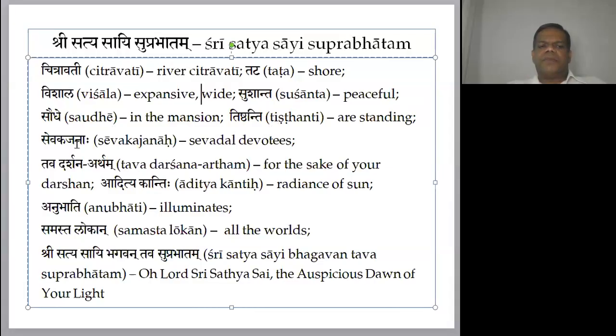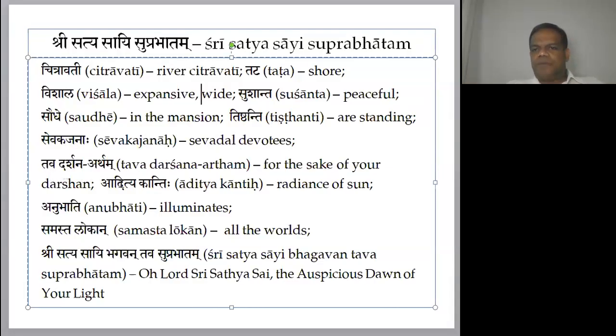Sevaka Jana. I have put the word Sevadal devotees. Sevaka means people who serve the Lord. The Lord's servants are there. And Janaha means people. So devotees who are Sevadals, who are willing to serve the Lord in this world, are waiting next to this Chitravati river in Prashantinilayam.